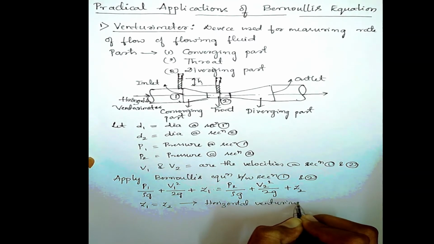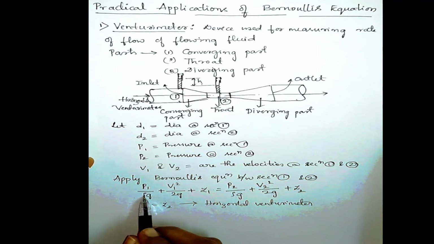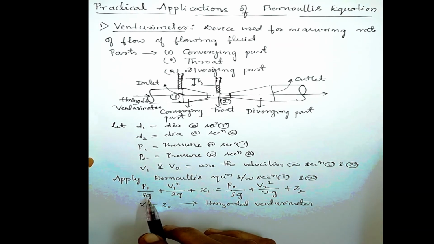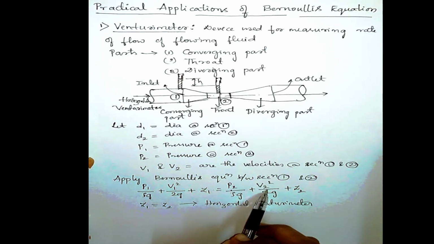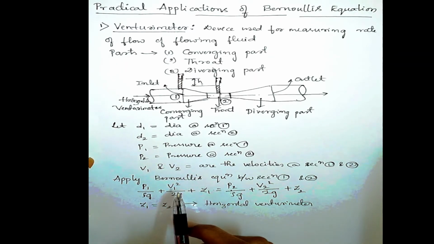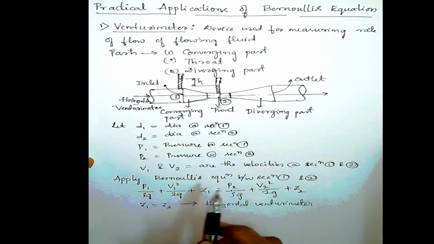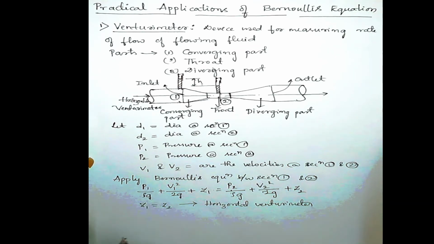We know P1 by rho g and P2 by rho g are the pressure heads at section 1 and section 2, V1 square by 2g and V2 square by 2g are the velocity heads, and Z1, Z2 are the datum heads.